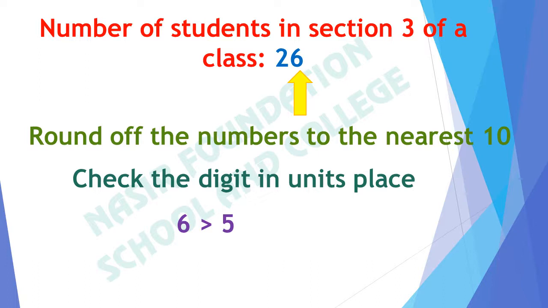It means we will round the digit up, that is in its tens place. 2 will become 3 and the digit on the right hand side will become 0. If we round off this number 26 to the nearest 10, it will become 30.